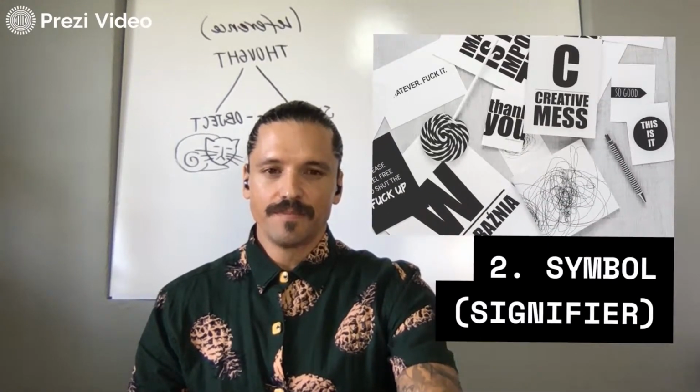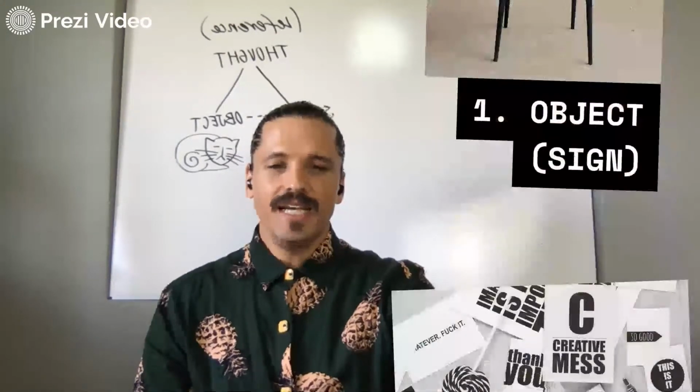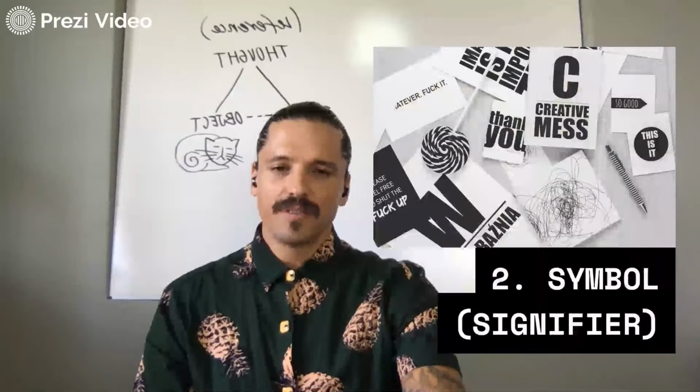The actual chair. And the way that it works is there's a direct connection, as you can see behind me, from the symbol to the thought, and also from the actual object to the thought. But there is an indirect connection between the object and the symbol, chair.